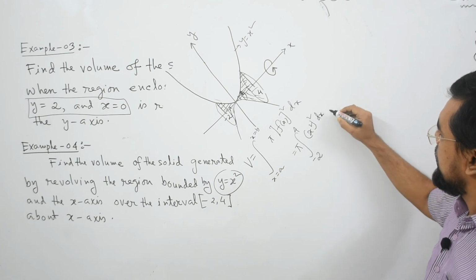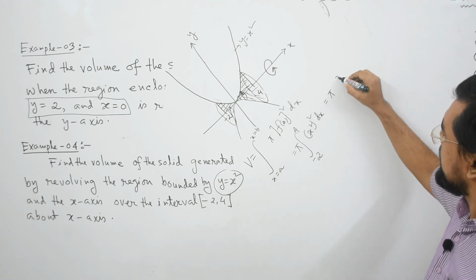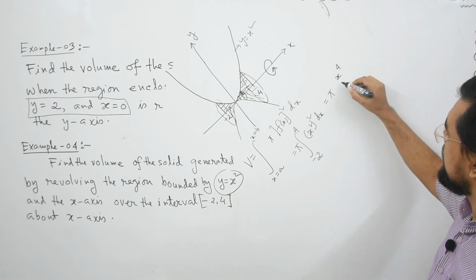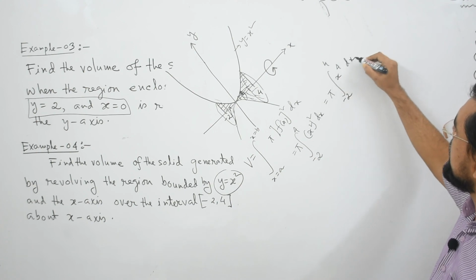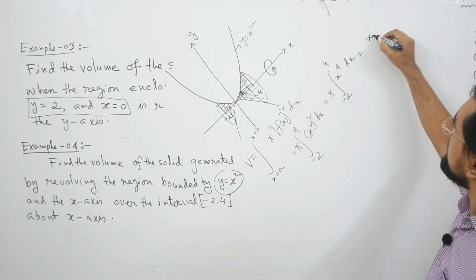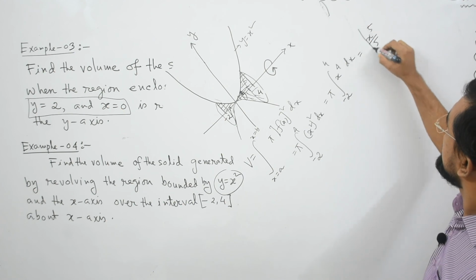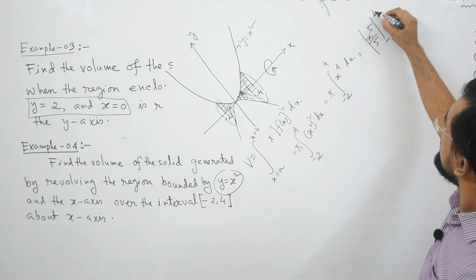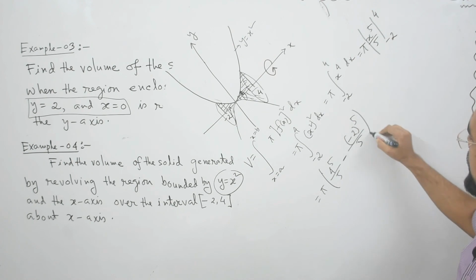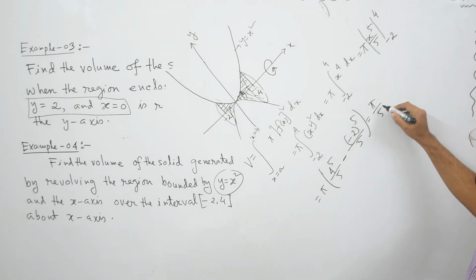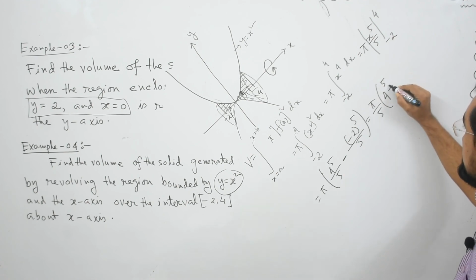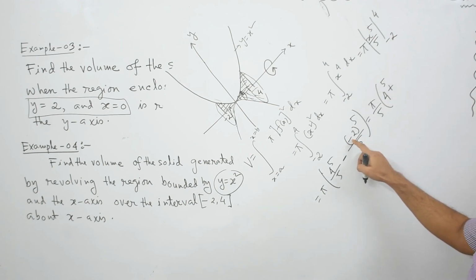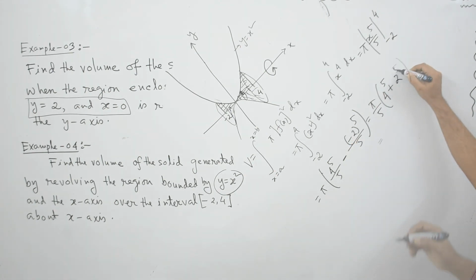So this equals pi x to the power 4, integrated from minus 2 to 4 dx, which is equal to pi times x to the power 5 by 5 from minus 2 to 4, which is equal to pi by 5 times 4 to the power 5 plus, because you will get a minus here, so minus 1 minus will be plus, 2 to the power 5.